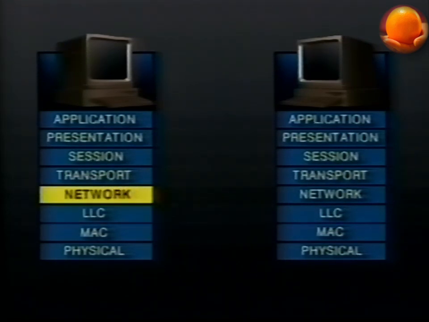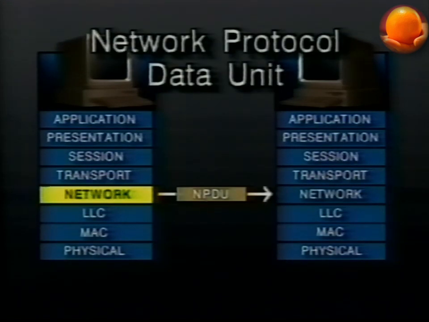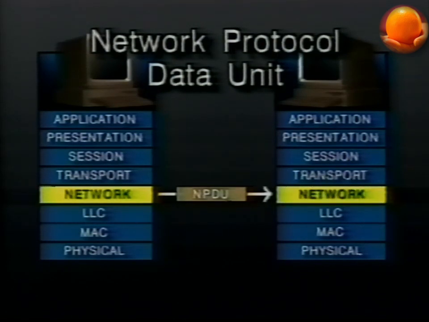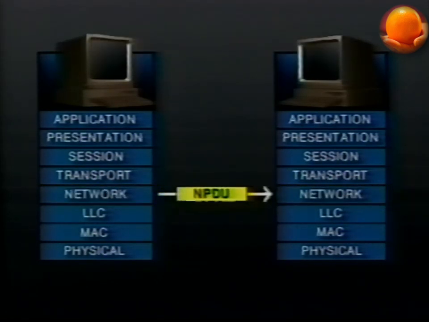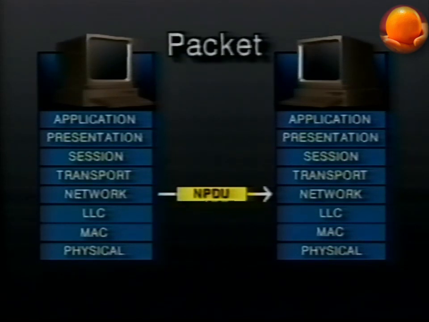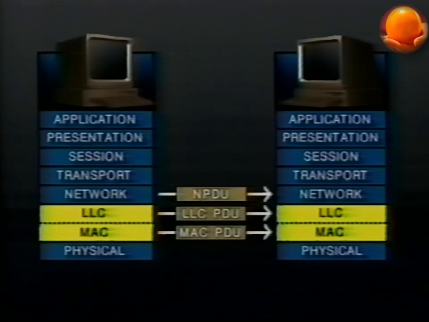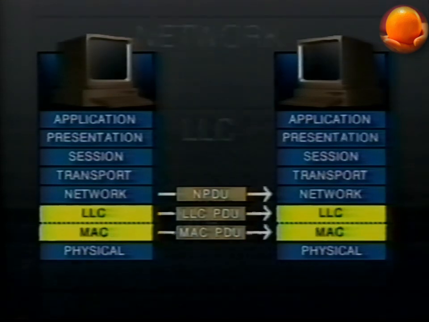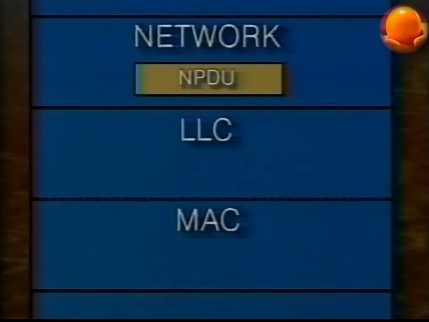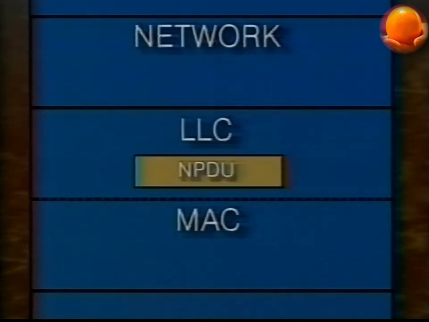A network entity in this station appears to transmit a network protocol data unit, or NPDU, directly to a network entity in this station. An NPDU is often called a packet. The LLC and MAC sublayers also have their own PDU formats. A logical link control entity accepts the NPDU that was passed down to it from the network layer in the form of an LLC SDU.